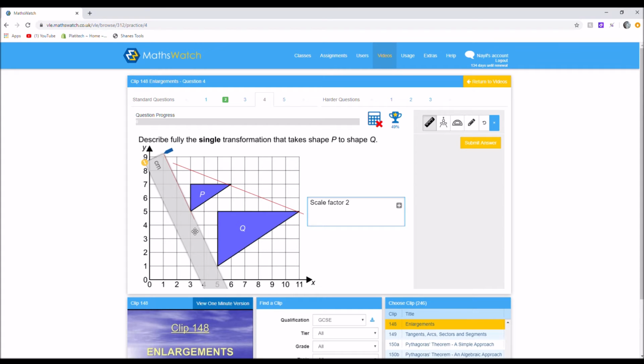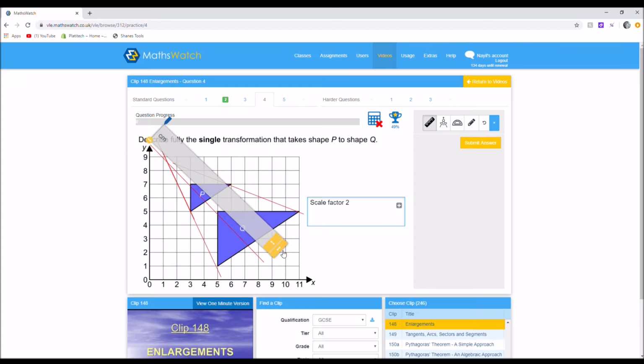like so, and then you've got these 2 points here. You've got this point here and this point here, so you want to draw a line through those 2 points. Like so.